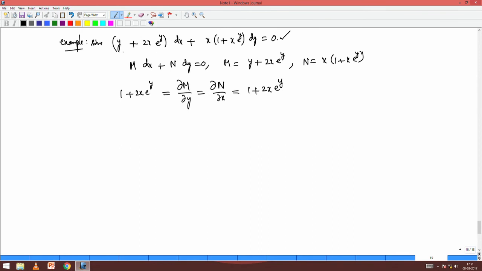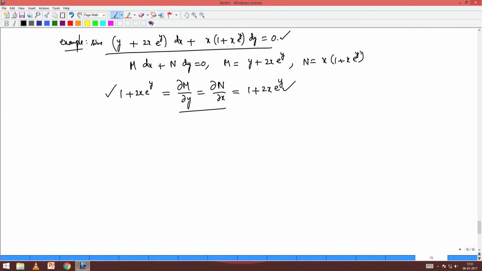When you are given a differential equation, you do not know a priori that the equation is exact. If it is exact, this condition necessarily should be satisfied. Because the converse is true, if this condition is satisfied, as we have checked here, that makes the converse also true.